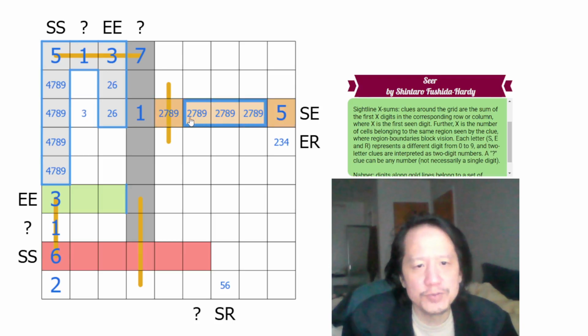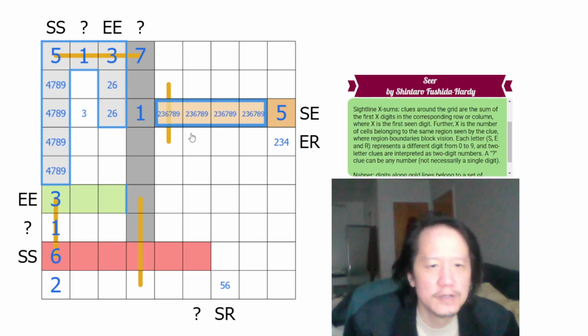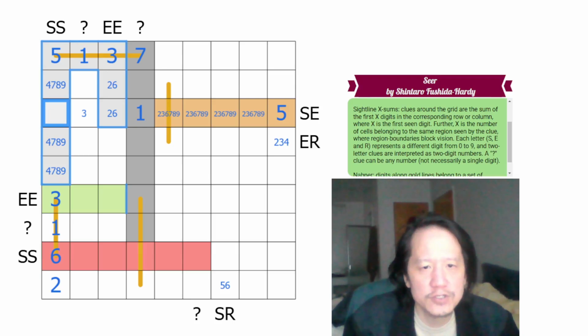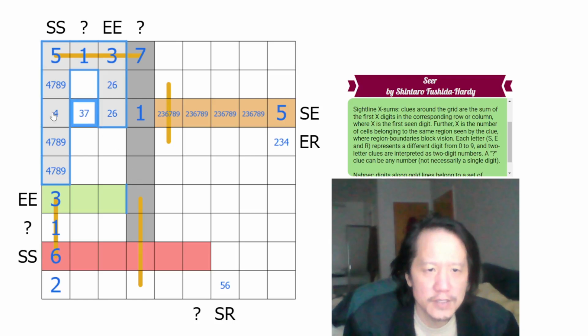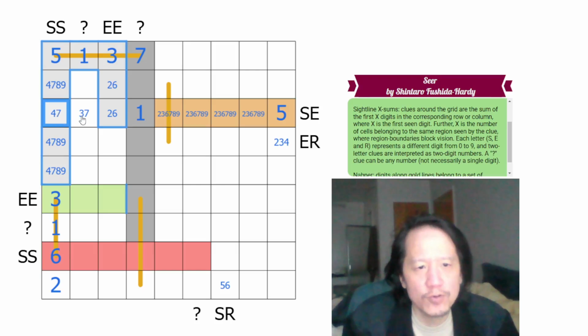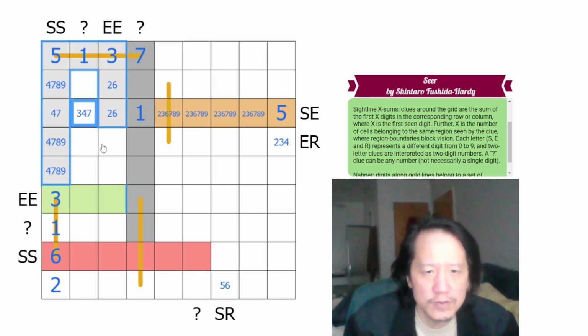Or this is 3689, in which case this is 2. So this would still be 4. And this would be 2. This would be 7 then. And this would be 4 or 7, and this would be 4 or 7. So that's possible also.